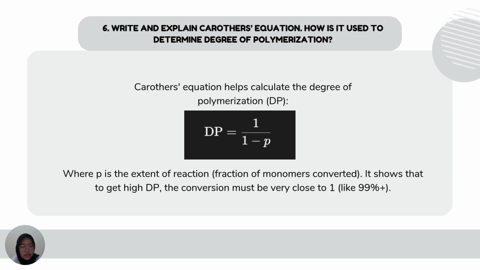And this is the formula: DP equals 1 over 1 minus p, where p is the extent of reaction, or fraction of monomers converted. It shows that to get high DP, the conversion must be very close to 1, like 99% or more.